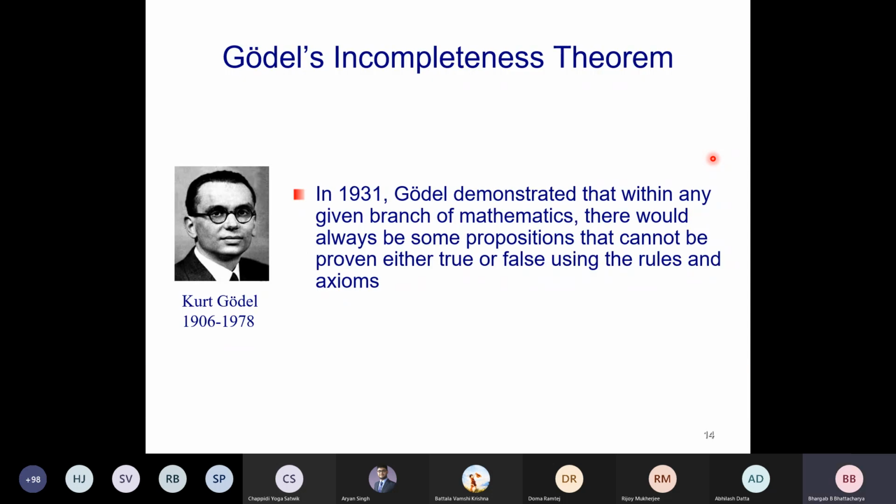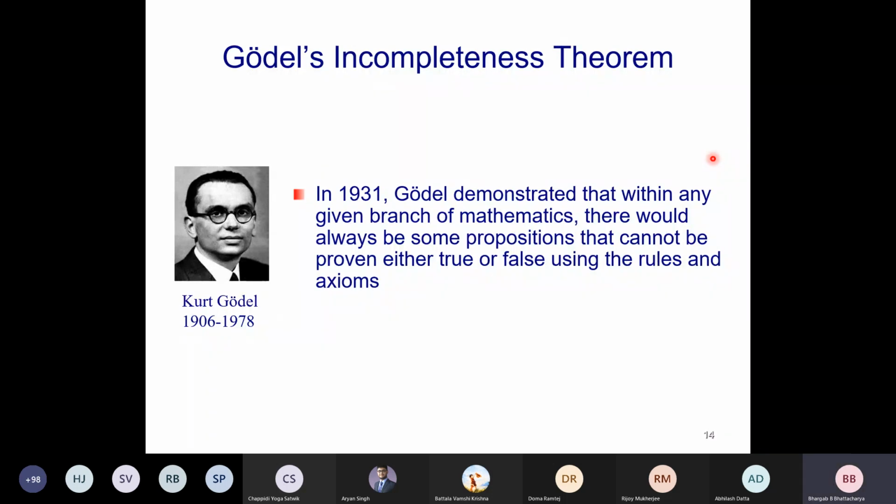Just for the sake of what we talked about, Gödel's incompleteness theorem says a similar thing: in any branch of mathematics, you have a set of axioms, right? You have a set of axioms and propositions or postulates. Based on that, in any branch of mathematics, there will be some statements which cannot be proved either true or false in that system.